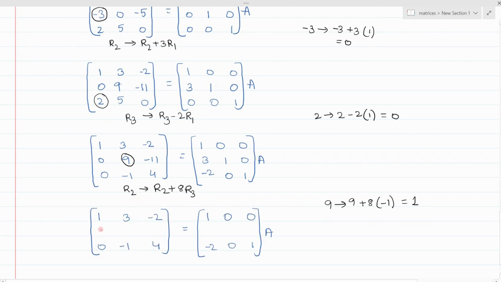Row 2 elements change: 0 remains 0, 9 changes to 1. Minus 11 plus 8 fours are 32, it becomes 21. Here 3 changes to 3 minus 16, which is minus 13. And 1, here it is 8.